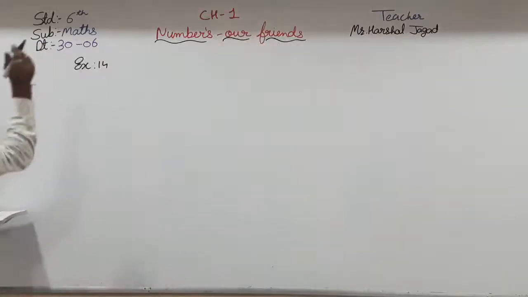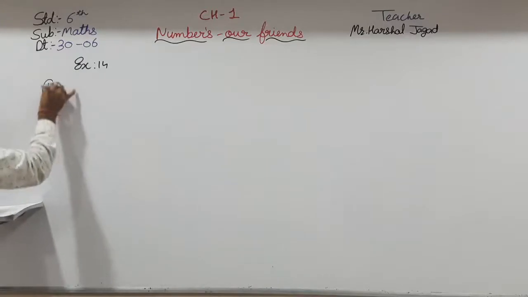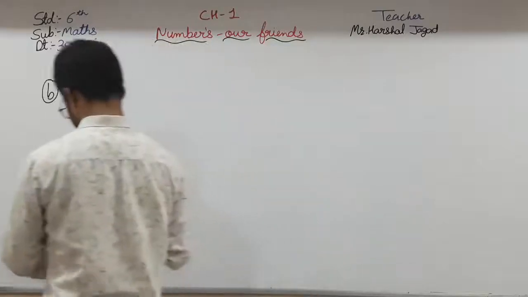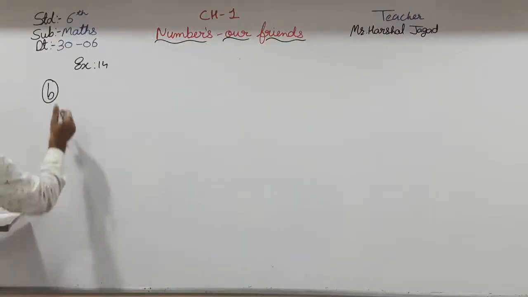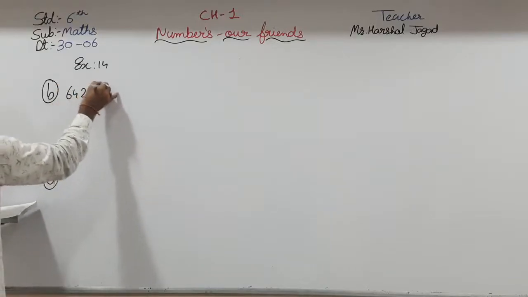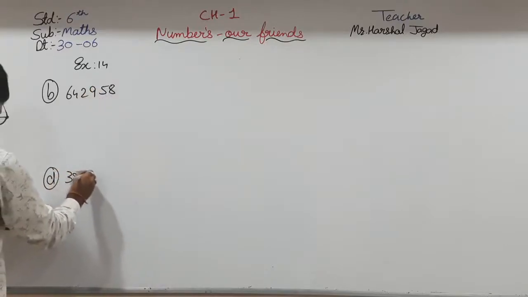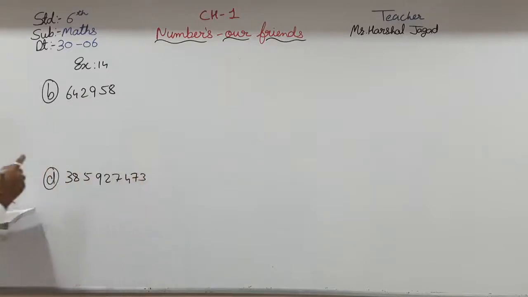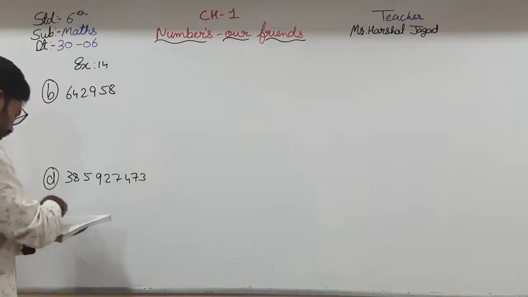Let us do any two. I am doing B, and the other one I will do is D. First of all B, that is 642958. Then the other number is 38592747 3.